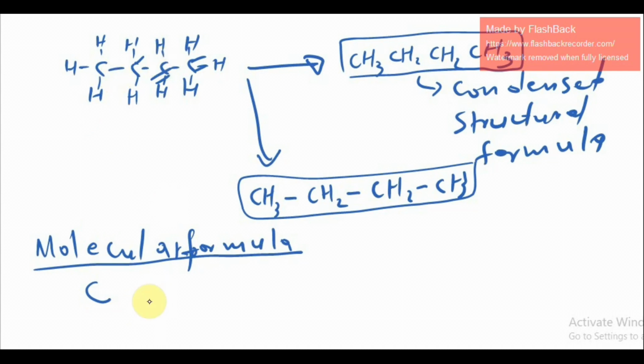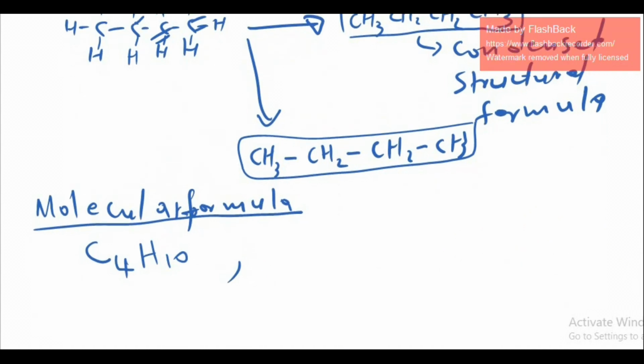We have carbon and hydrogen here. How many carbon do we have here? 1, 2, 3, 4. So we have 4, no bonds at all. Then how many hydrogens? 1, 2, 3, 4, 5, 6, 7, 8, 9, 10. There are 10. This is the molecular formula.